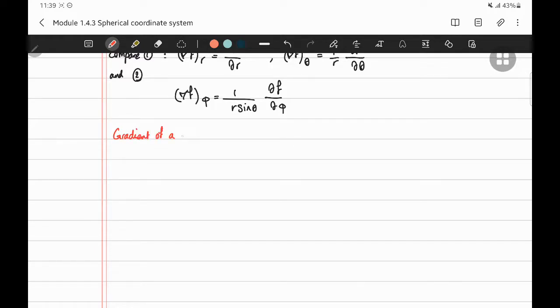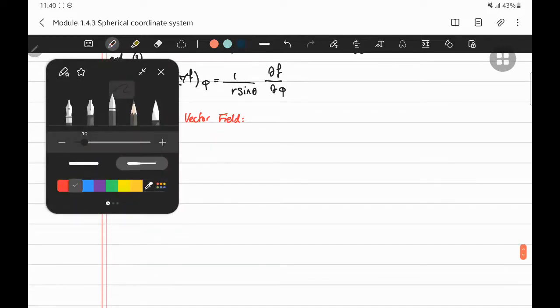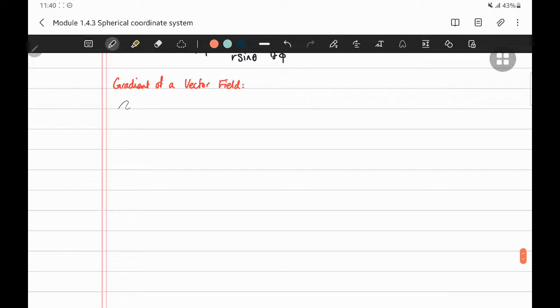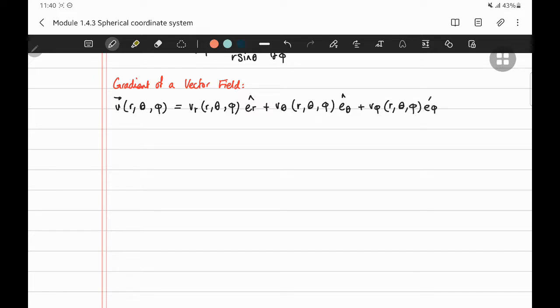All right, so let's calculate the gradient of a vector field. So here, v is a function of r, theta, and phi, and it has a component v r, which is also a function of r, theta, and phi, e r, plus v theta, also a function of r, theta, and phi, e theta, plus v phi, also a function of r, theta, and phi, e phi.